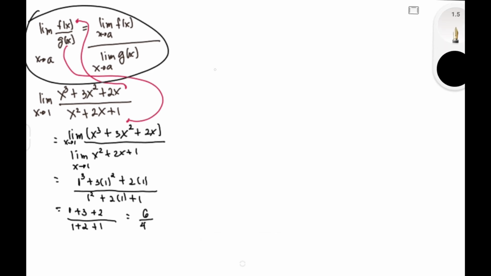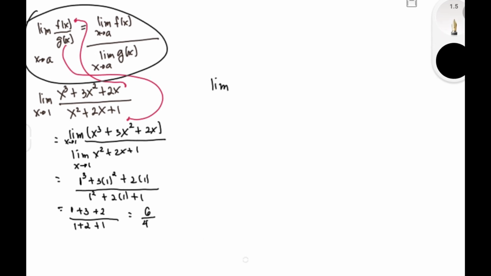So next example is the limit of, let's say, x cubed minus 1 divided by x squared plus 1 as x approaches 2. Okay, so if you want to have another solution, the best solution is that you can immediately solve the problem because it is defined.